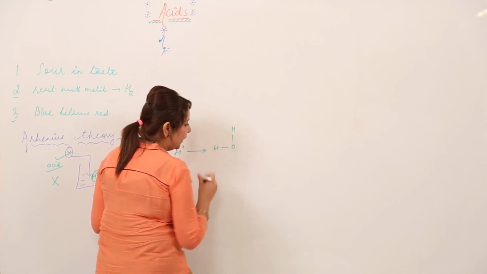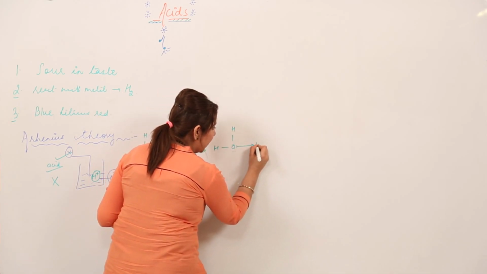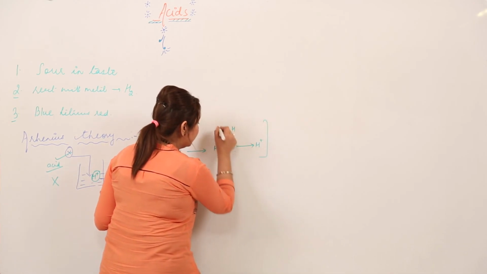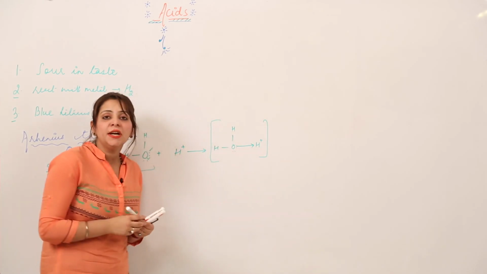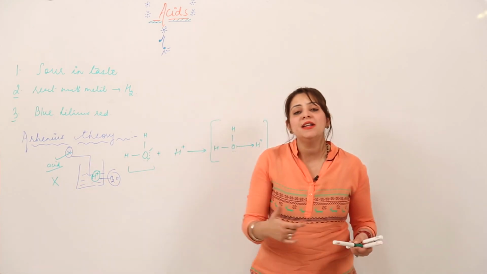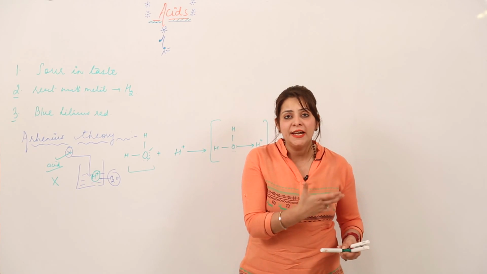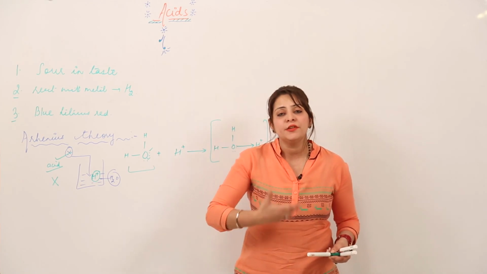So this is the lone pair, right. This molecule is contributing its lone pair to the hydrogen ion, and this type of linkage, in which the shared pair comes from one molecule, means one has the lone pair and the other atom or ion to which it is getting linked is deficient of electrons.